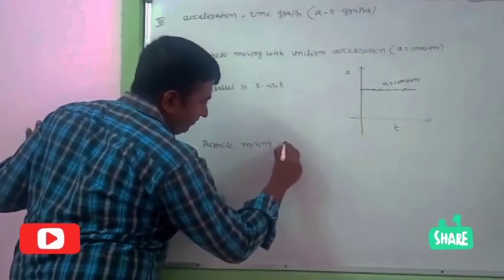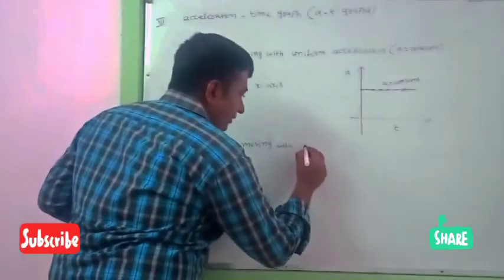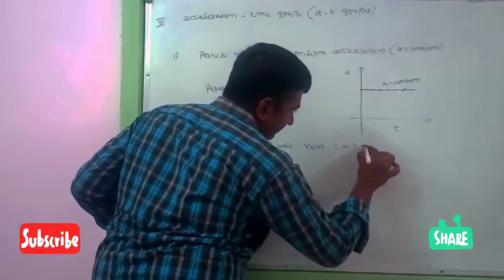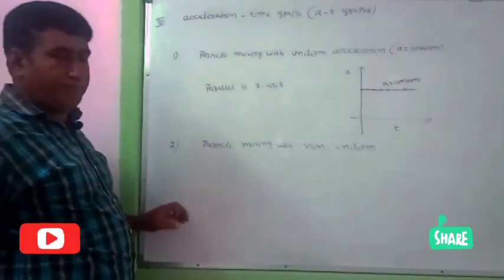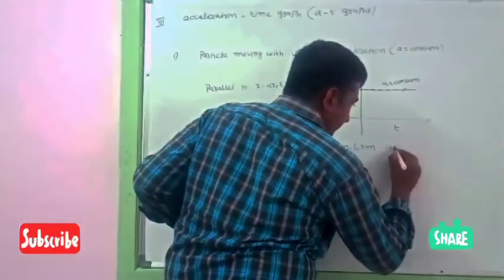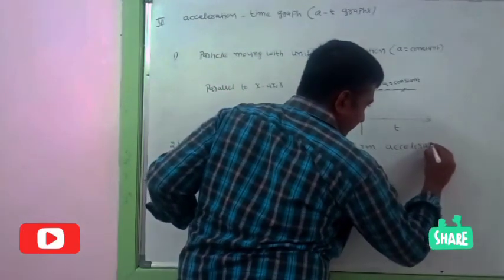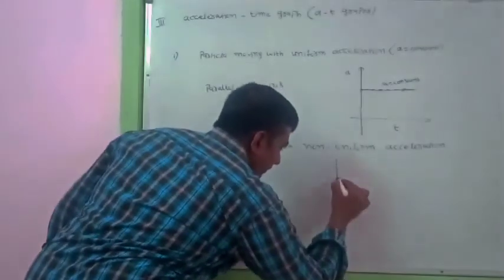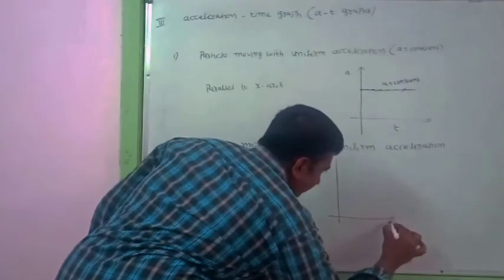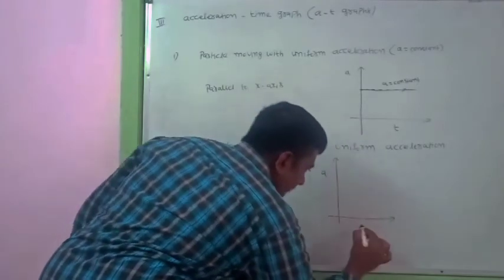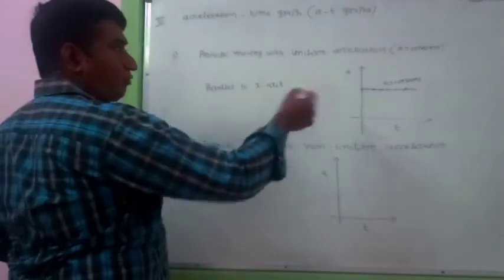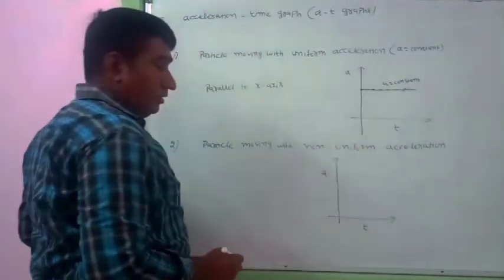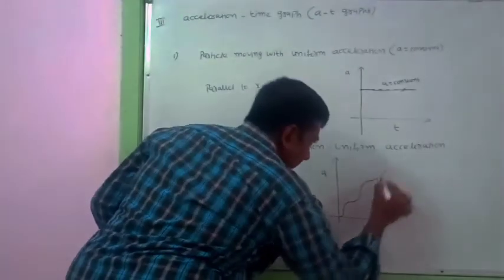In the same way, the second case: a particle moving with non-uniform acceleration. If this is the acceleration and this is the time, in uniform it only moves in a particular way, but in non-uniform we can take it like this.